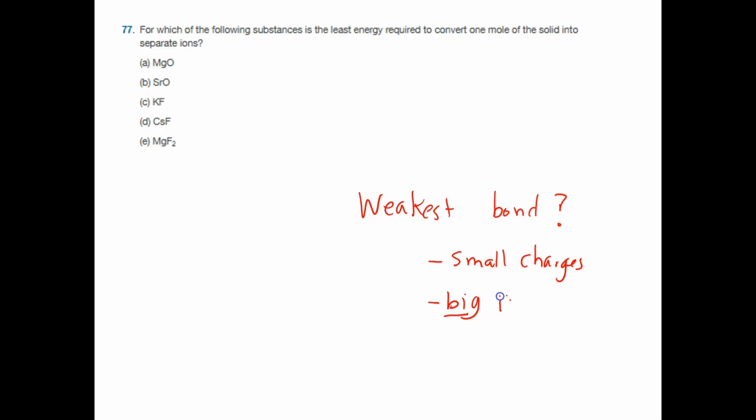So here's an example problem from the OpenStax book. It says, for which of the following substances is the least energy required to convert 1 mole of the solid into separate ions? So we're looking for the weakest bond. And there are some things that we want to remember. We want small charges, and we want big ionic radii.